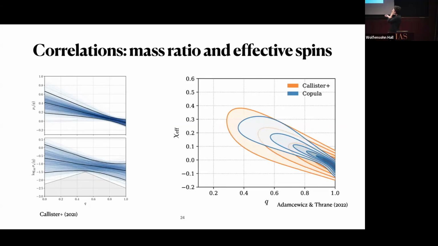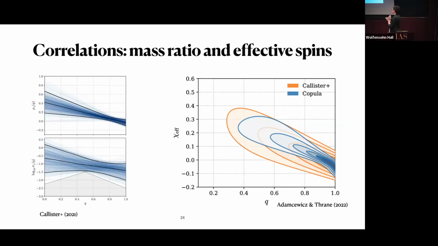But some correlation between chi-effective and Q, I think the first time I saw it at least was maybe in a paper by people here, like Matthias, I think you were on that paper, where the explanation is that only one of the black holes in the binary is spinning because it's been spun up by tides.